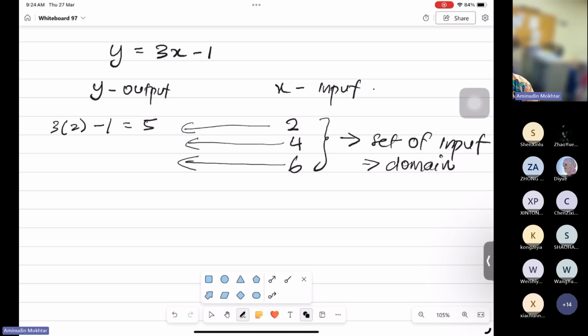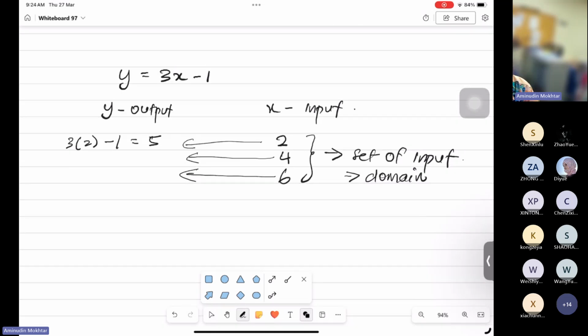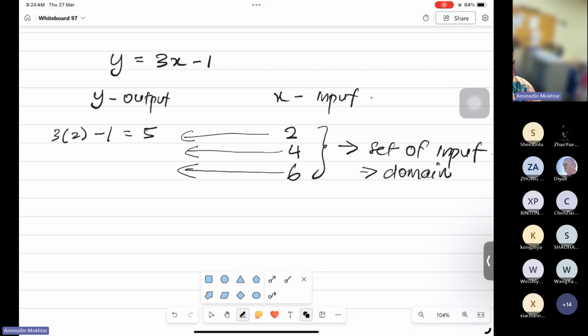When x equal to 4, the value of y, we just replace the value of x. So y equal to 3 times 4 minus 1. 3 times 4 minus 1 is equal to 11. So when x equal to 4, y equal to 11.